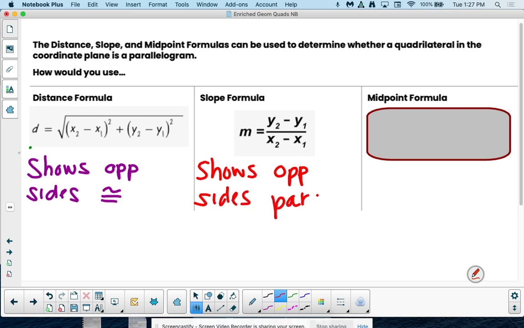And if you want something to be parallel, what do you want their slopes to be? Equal. Yep, I'm going to write that right here. Same slope. Remember, that's what parallel means. You want them to be the same.